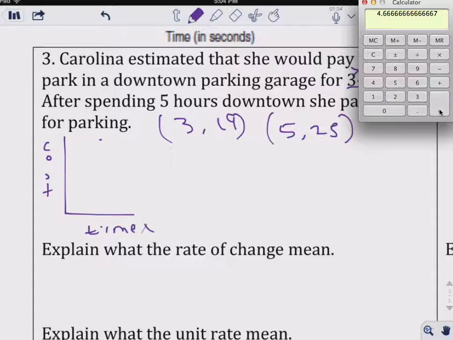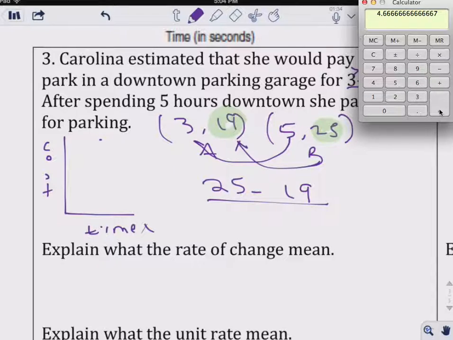Okay, you can find the rate of change from here. 25 minus 19. I'm going to do B to A instead of A to B. 25 minus 19 all over 5 minus 3. That gives me 6 over 2, or the rate of change is 3 over 1.